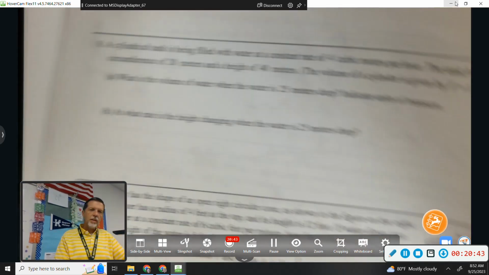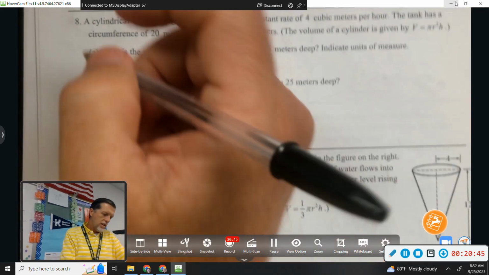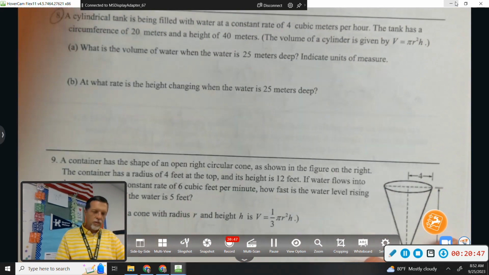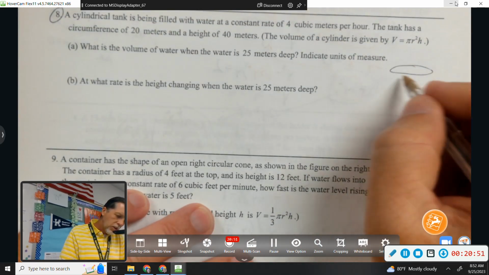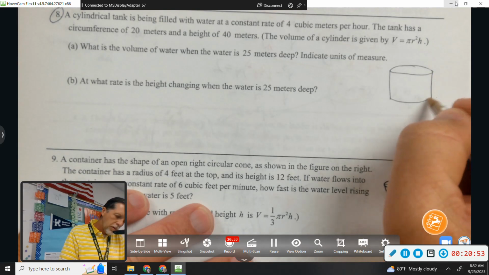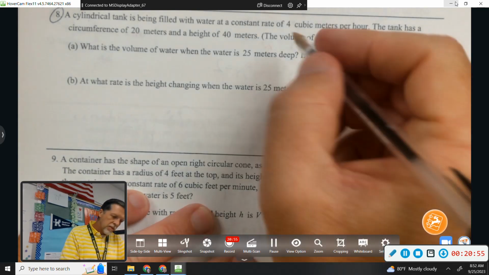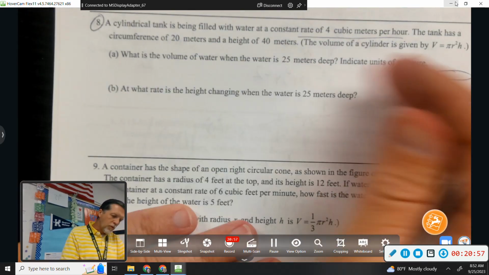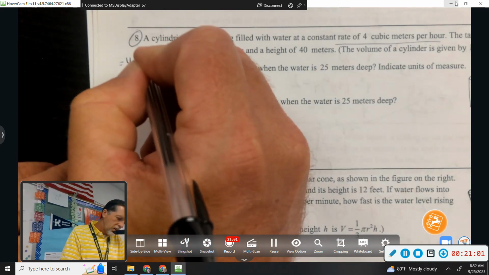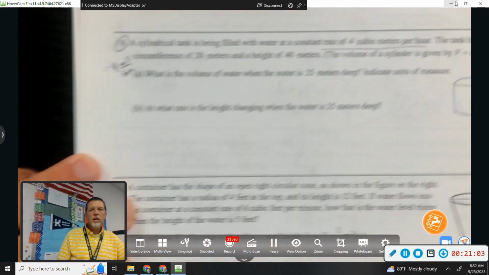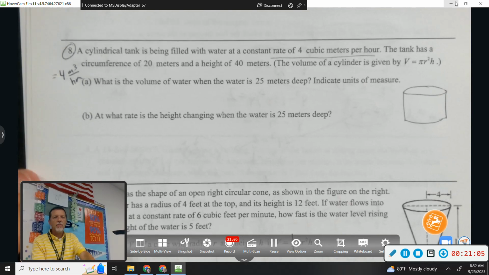Lastly, number 8. A cylindrical tank is being filled with water at a constant rate of 4 cubic meters per hour. Okay, so something is 4 cubic meters per hour. What is that equal to in terms of my variables?